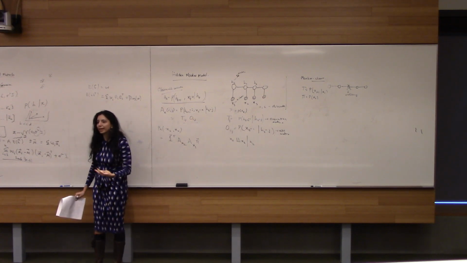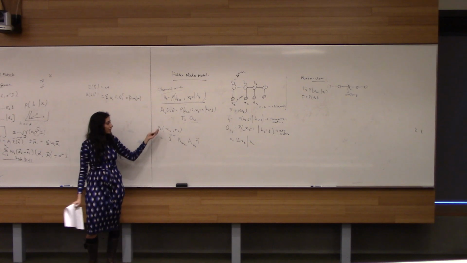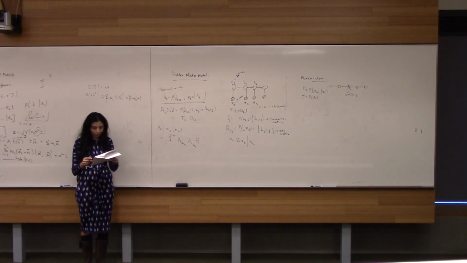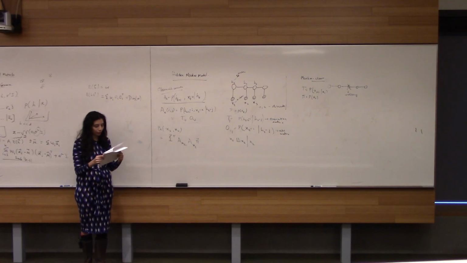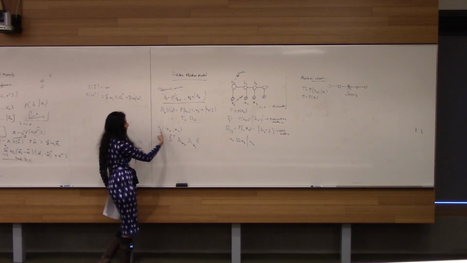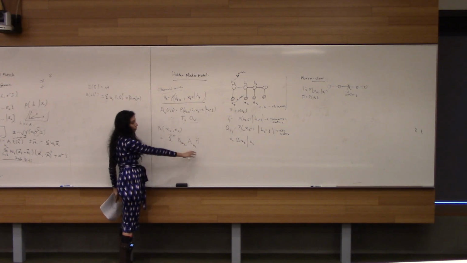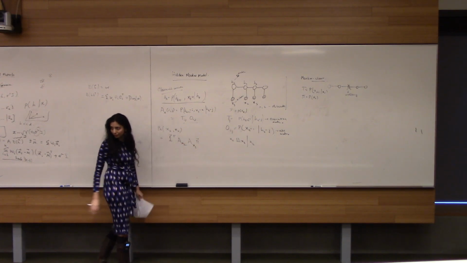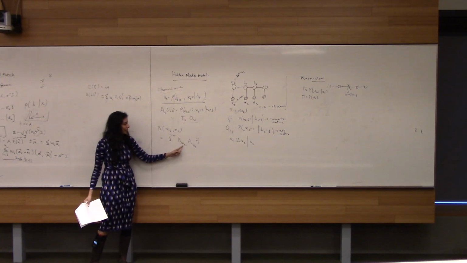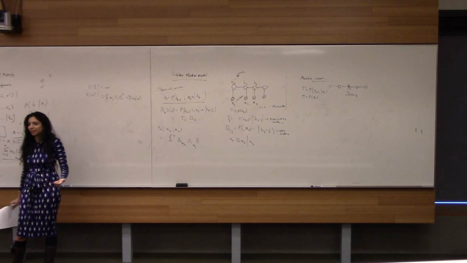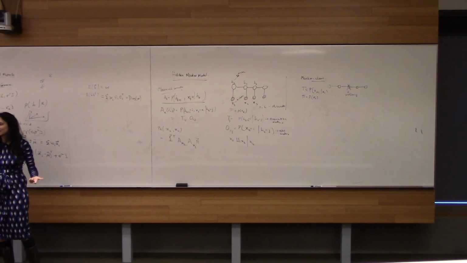If I knew AX, I can still fit my observed distribution. And that's in fact the case for any series of distributions. If you have T time steps here, all you do is chain all these matrices: AX1, AX2, and so on.